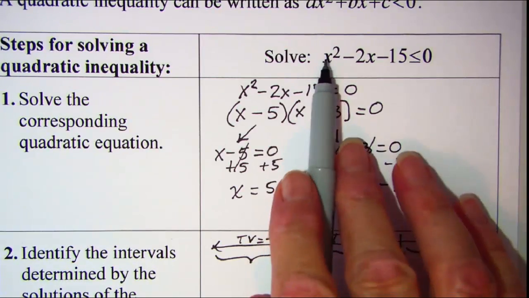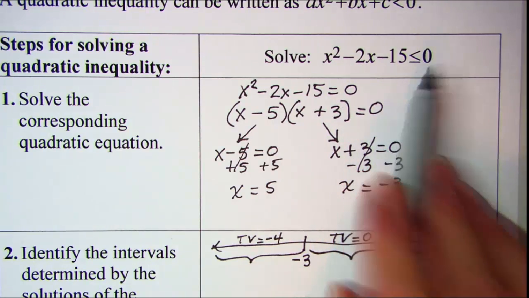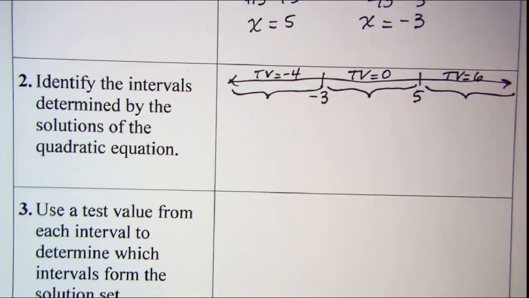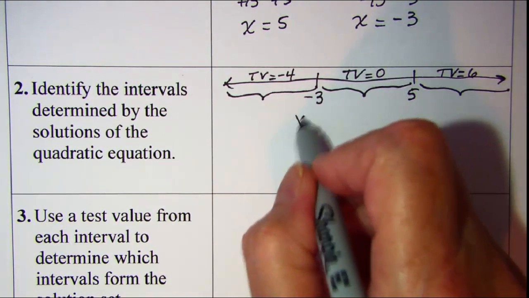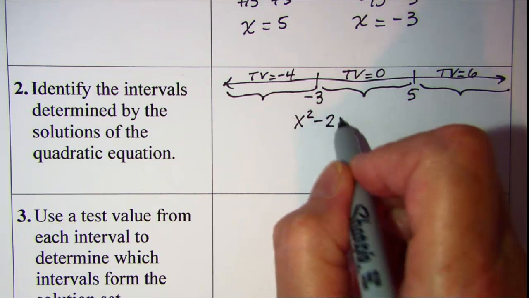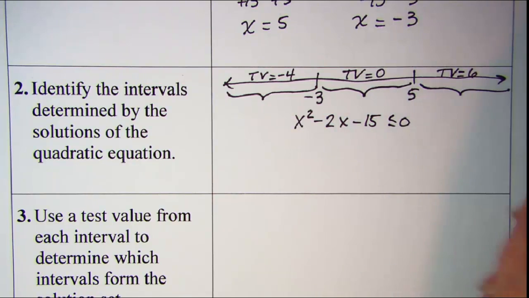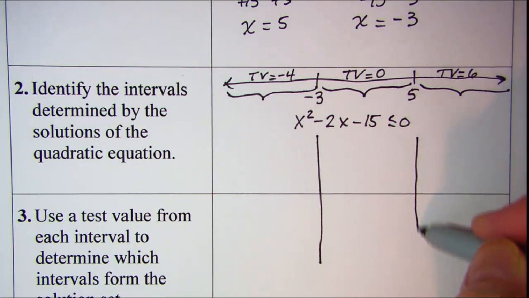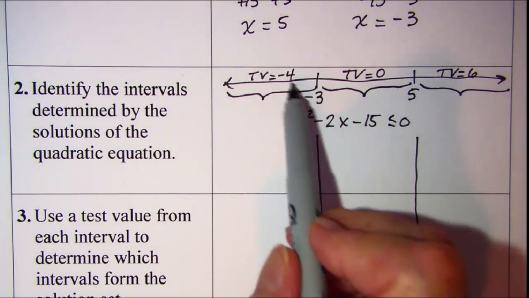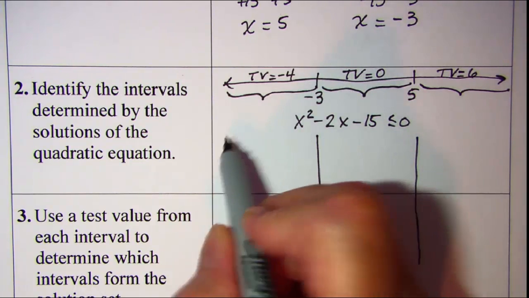So I need to put those back into my inequality. X squared minus 2x minus 15 is less than or equal to 0. Let me write that again so I don't need to keep moving my paper. And I'm going to test each of these intervals. So I'll put my test value into this inequality and see if it works.